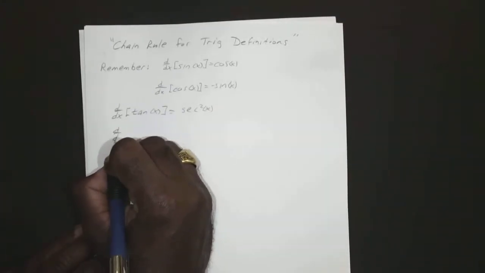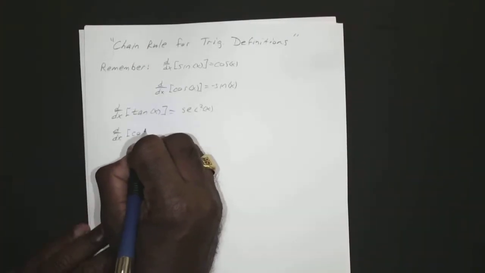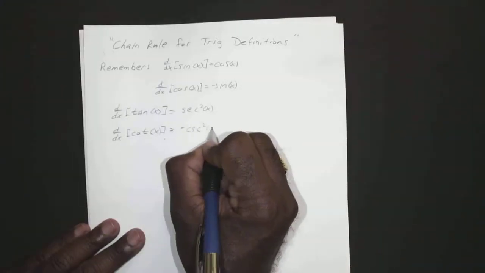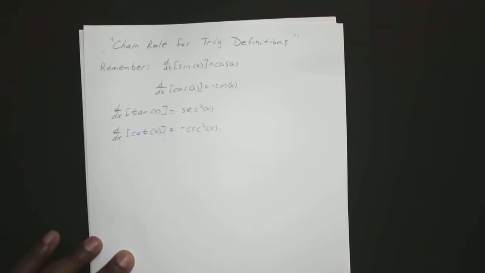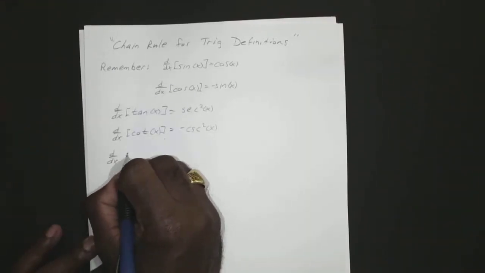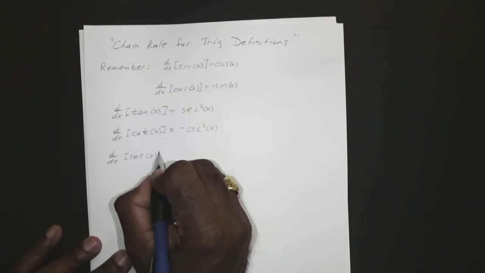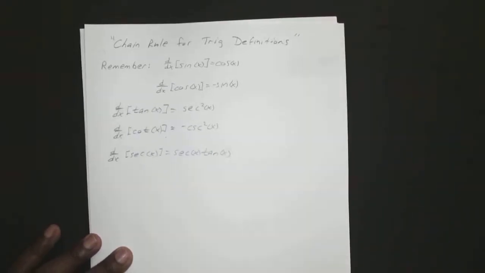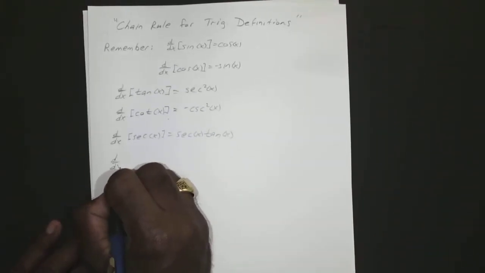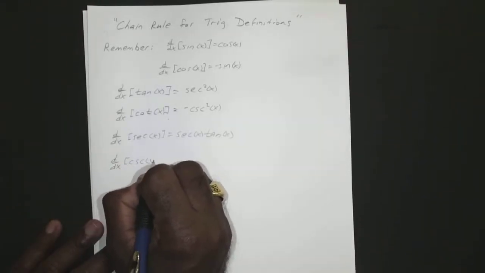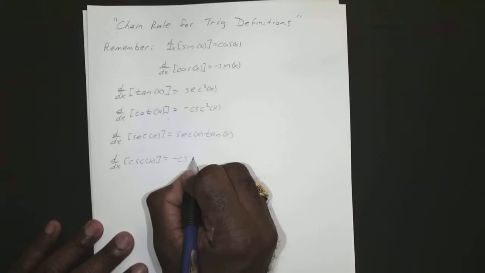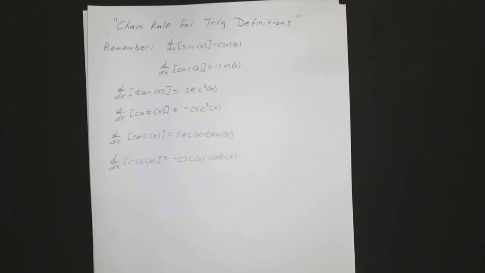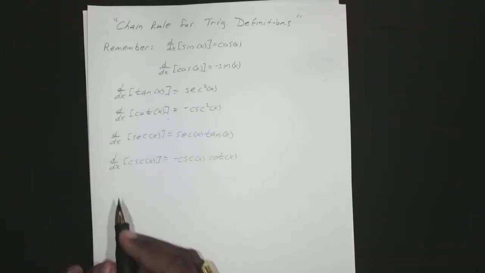The derivative of cotangent is negative cosecant squared. The derivative of secant is secant tangent. And the derivative of cosecant is negative cosecant cotangent. Okay, so those are all the ones we had from before.